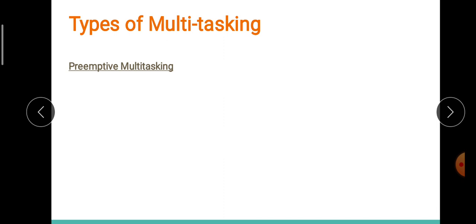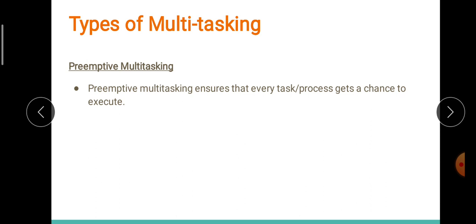Task 2 executes for a certain time and again task 2 gets blocked, and the third task, task 3, is executed. After a certain time, again we come back to task 1, then task 2, task 3. So in this type of multitasking, every task, every process gets a chance to execute, right? When and how much time is given to each task depends upon the scheduling algorithm that we are going to use.